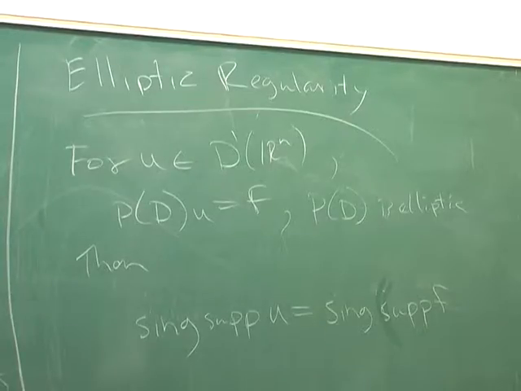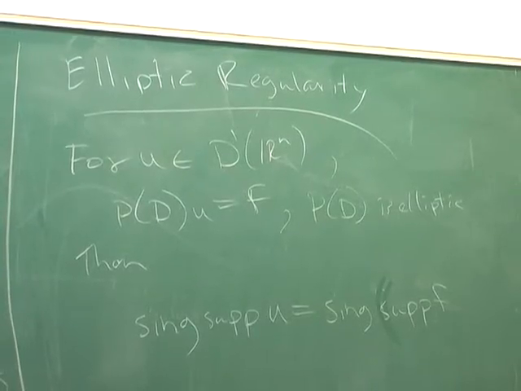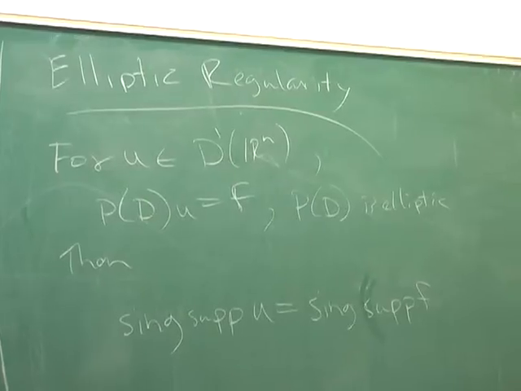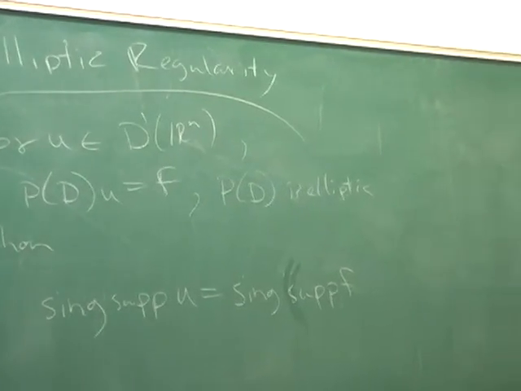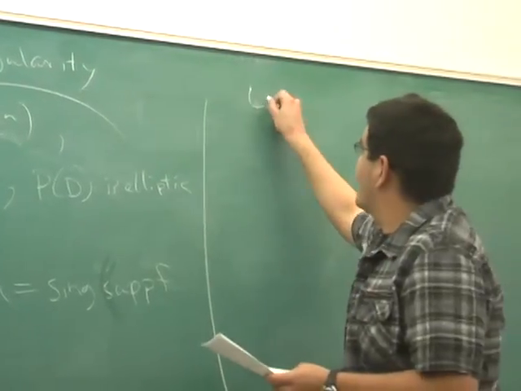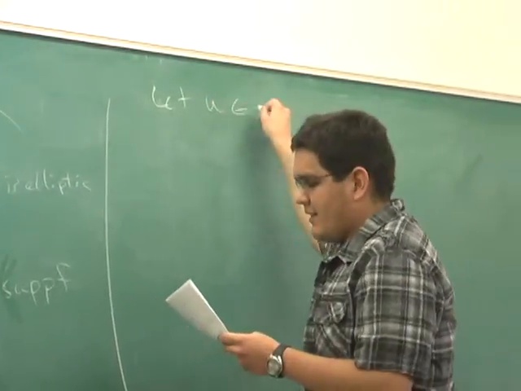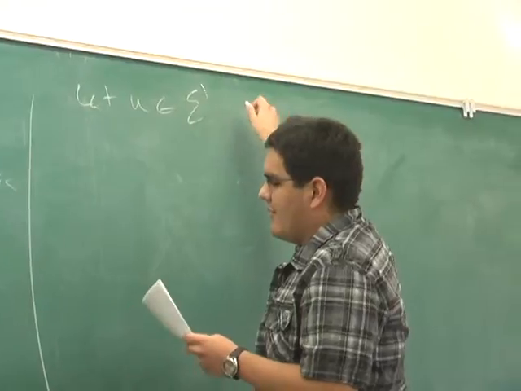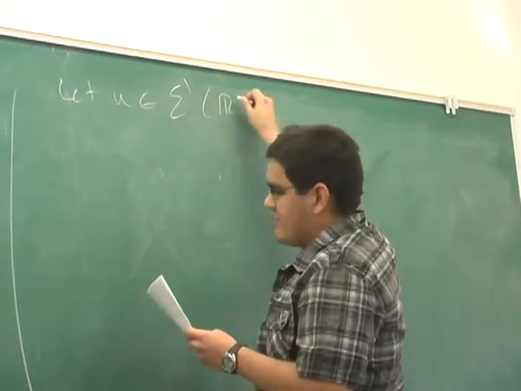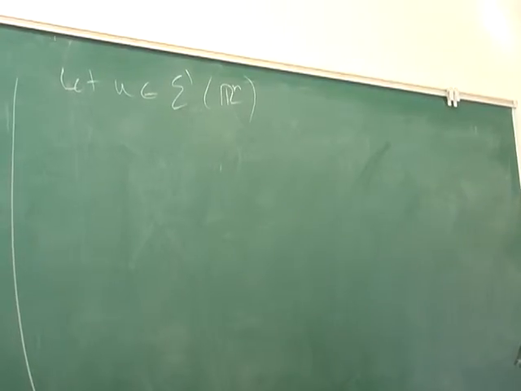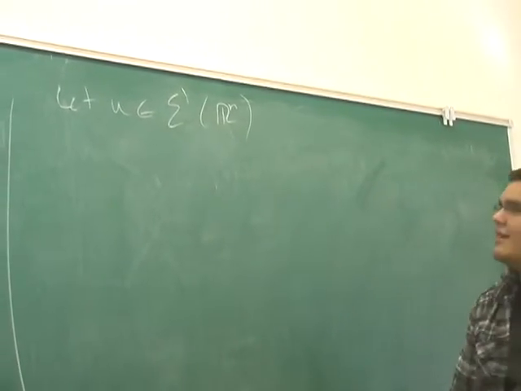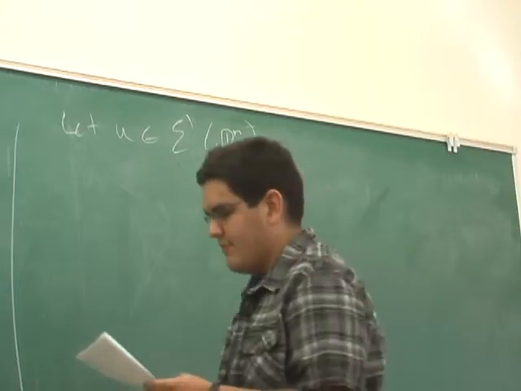So to prove that, we're going to use the following. Let U be an element of E', the space of compactly supported distributions, so it's 0 outside of a compact subset.